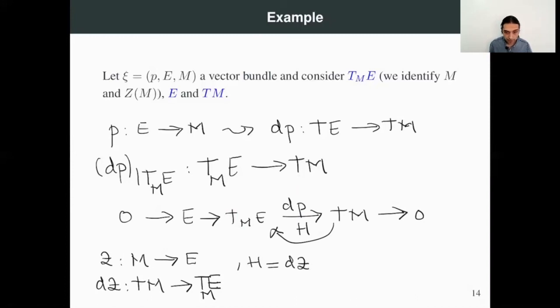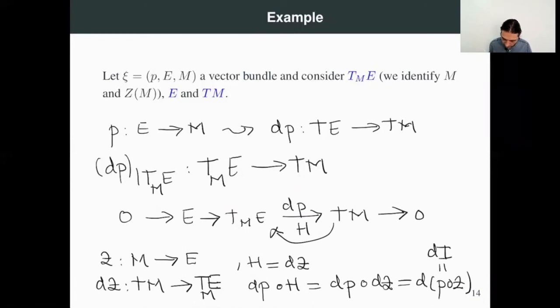What we have is that the composition of dP and H is dP composed with dC. This is the differential of the composition, right? But because of the chain rule, the composition of the zero section and P is just the identity map.